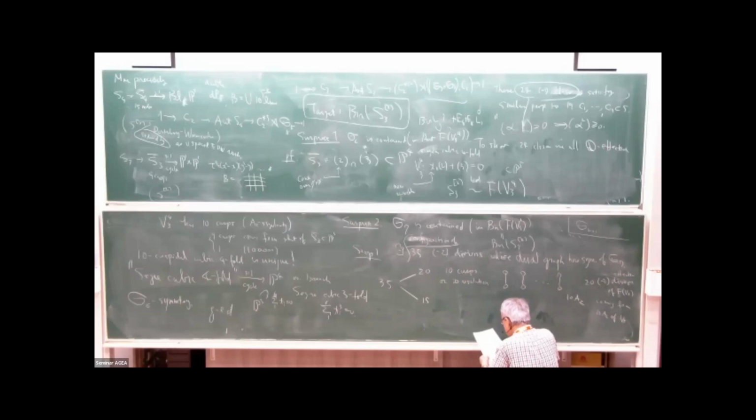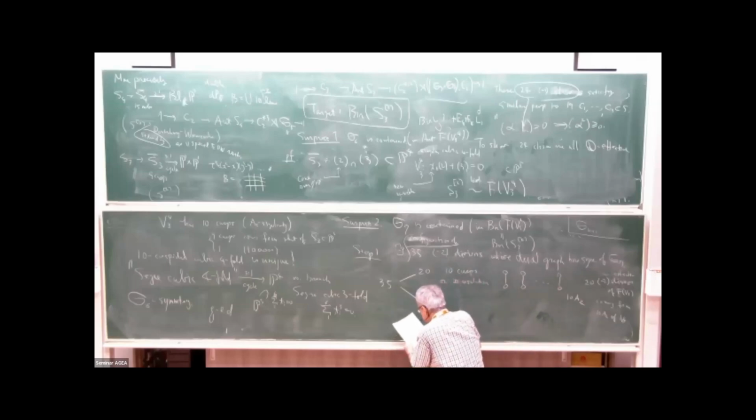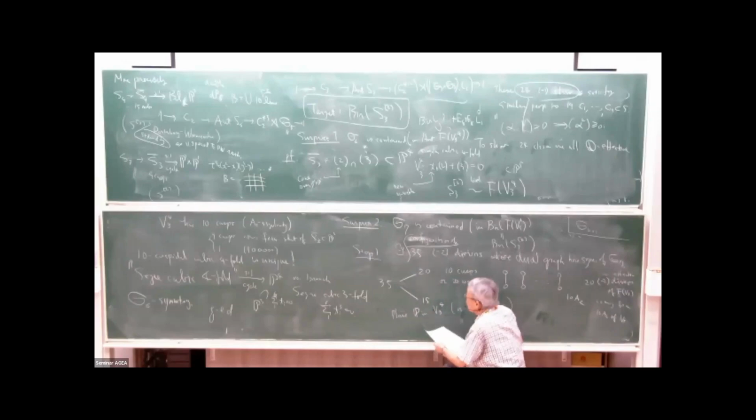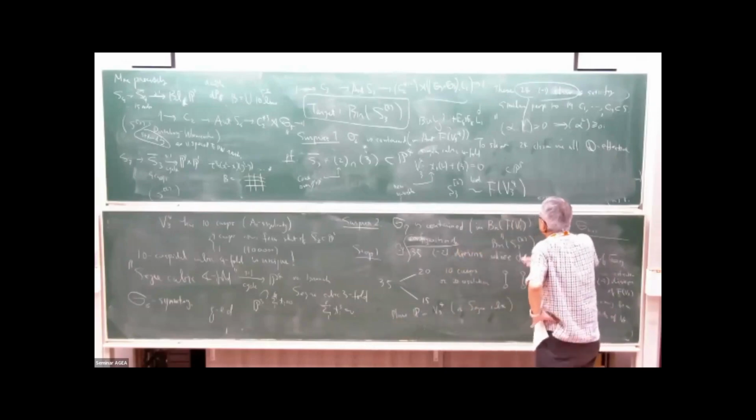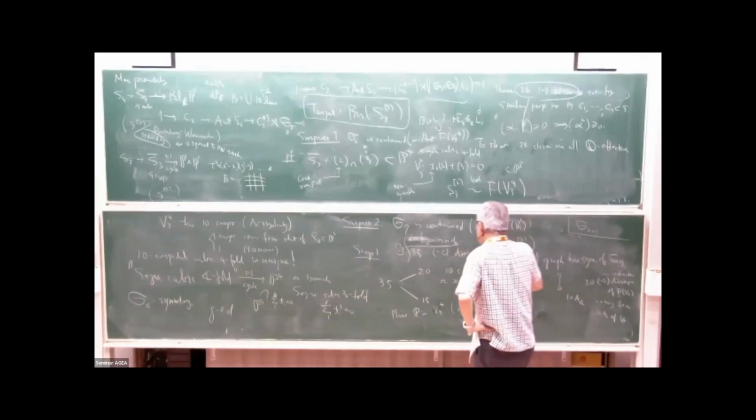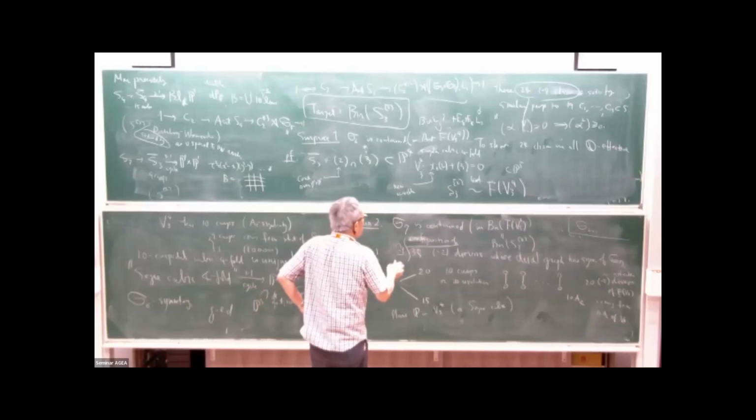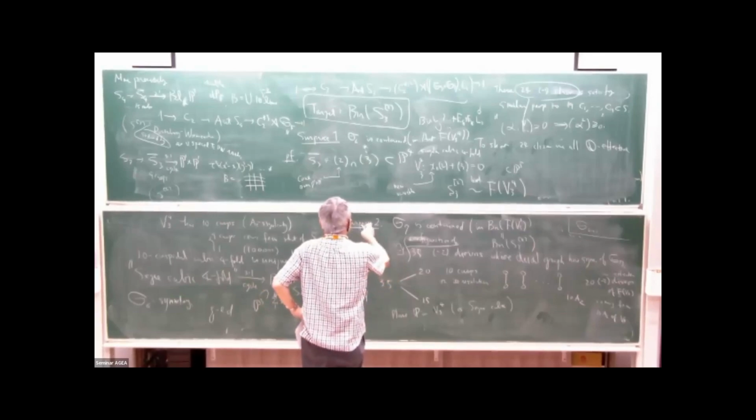But what's this 15? So 15 corresponds to a plane in V3, or a plane in the Segre cubic. So for what are these 10 cusps? Yeah, where I wrote the equation.